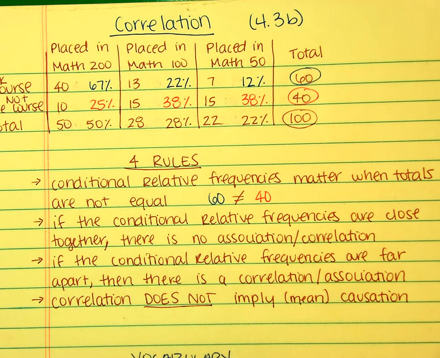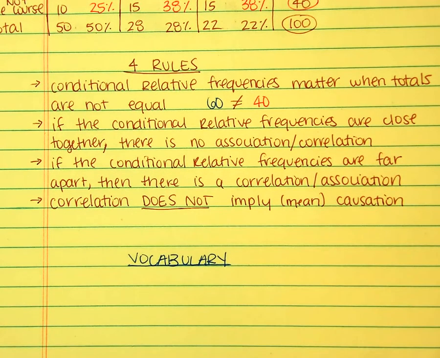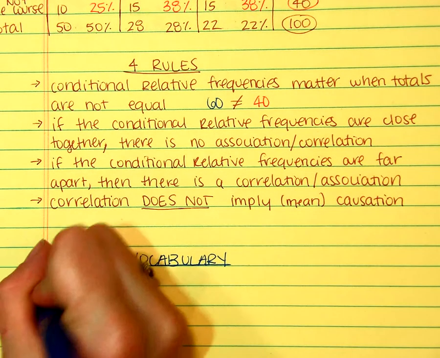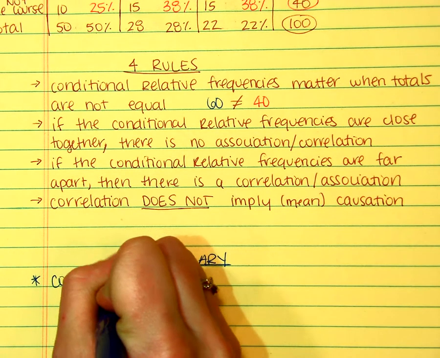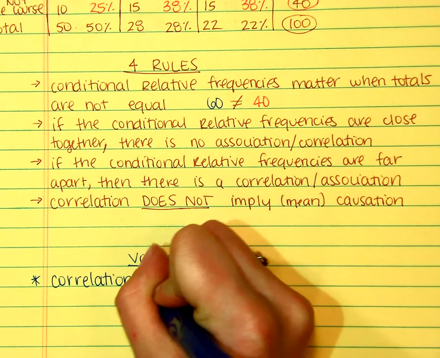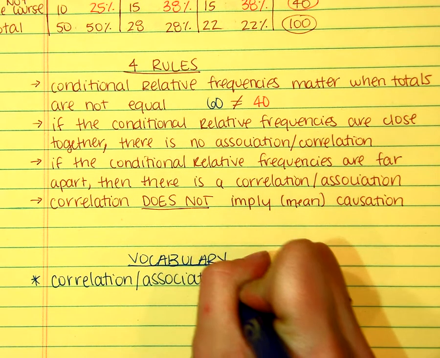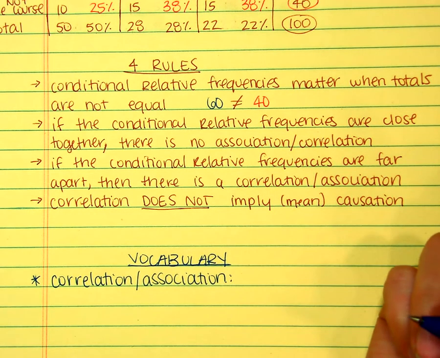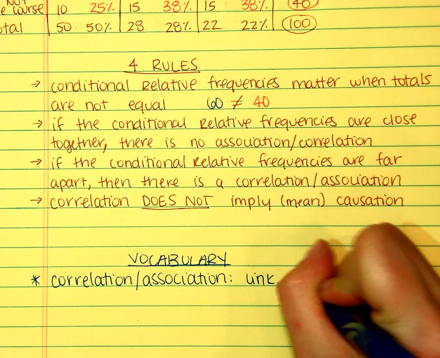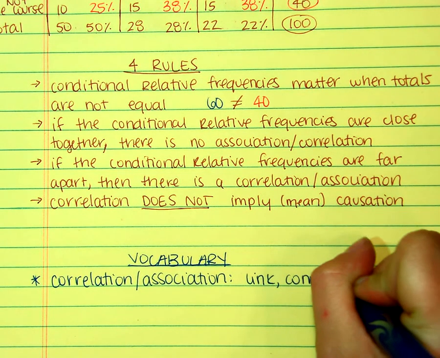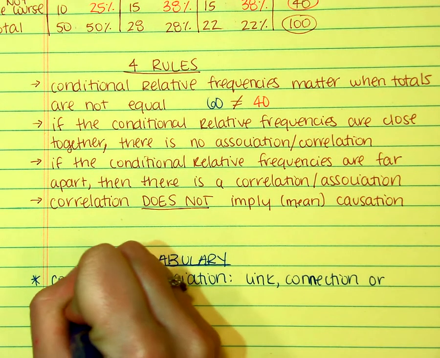Now, let's go over the vocabulary real quick. I'm going to scoot this up. Correlation or association means that there's a link, connection, or relationship between two things.